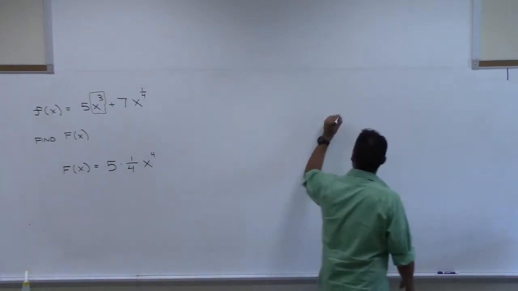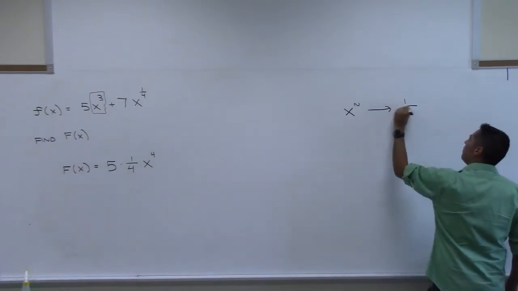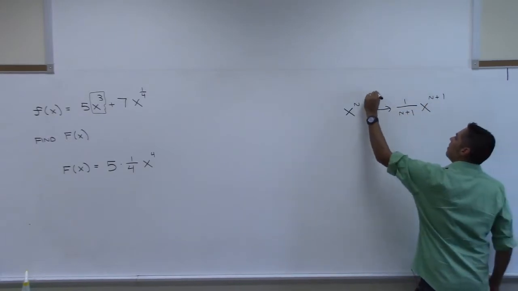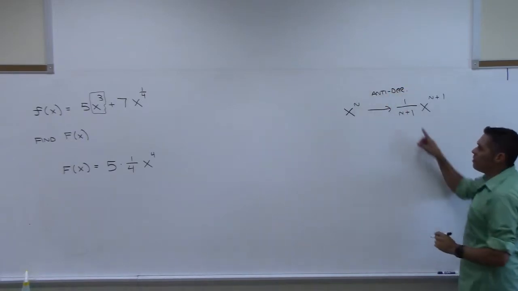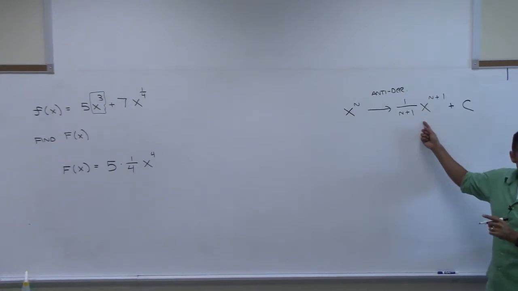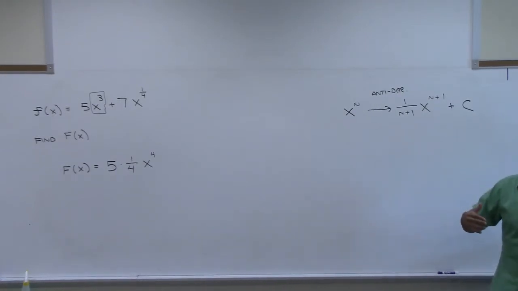So I'm using this rule that if you have x to the n, the antiderivative is 1 over n plus 1, x to the n plus 1. That's how you get your antiderivative, right? That was the formula we came up with last class, and then plus a constant. And this formula worked except when n was -1, but that was the special case. That was natural log.